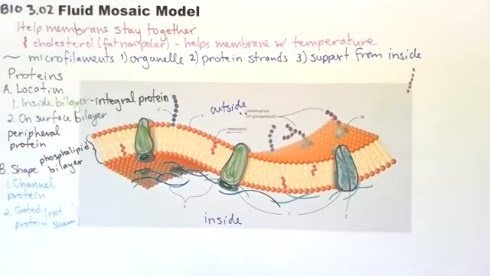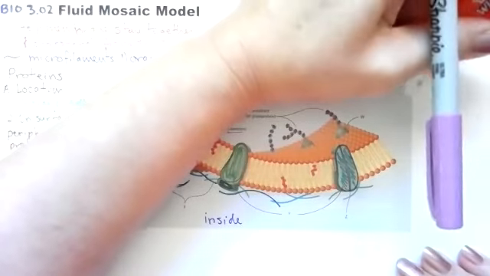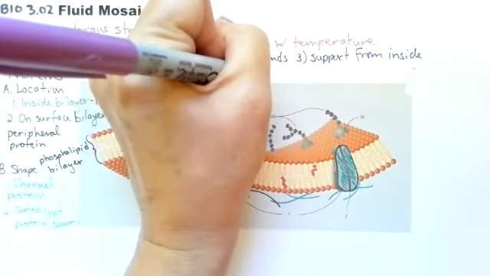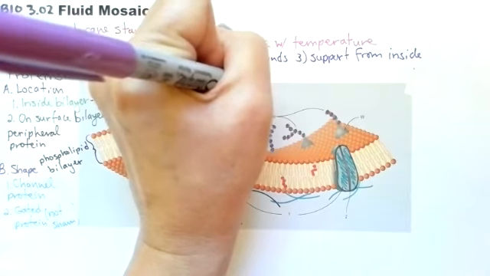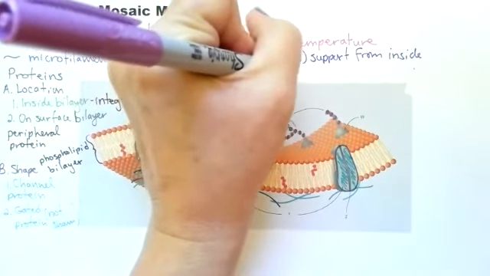Actually, let me move that. I need more space to write. These are called carbohydrate chains.